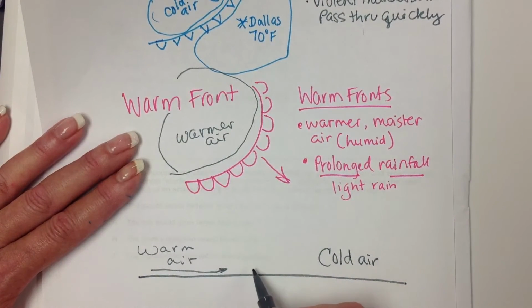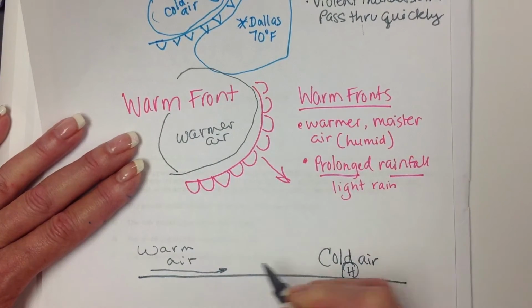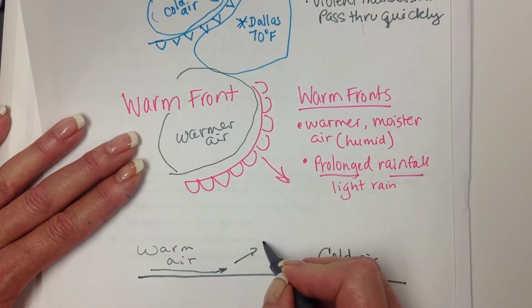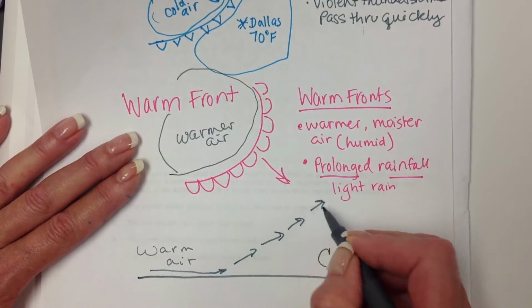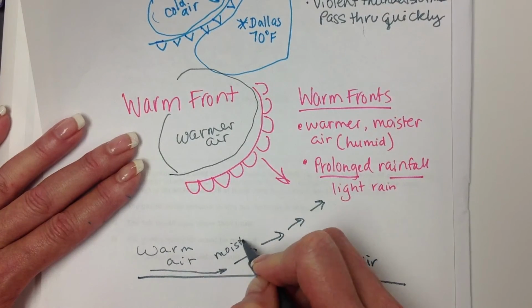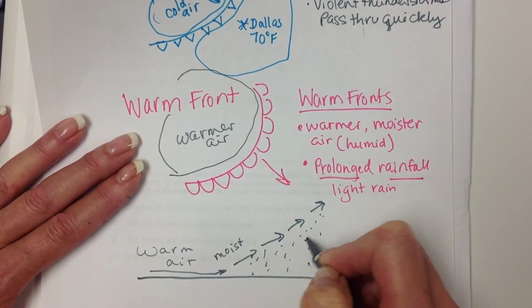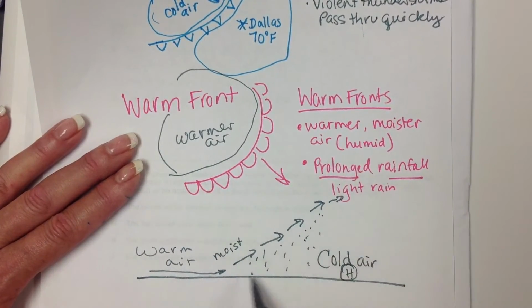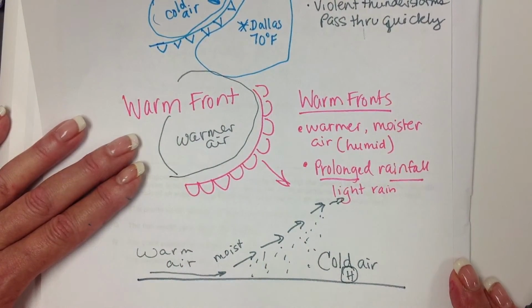But when it hits the cool air, because it's so dense, remember high pressure, dense air, the warm air cannot go beneath that cool air, so it has to rise. And because the warm air is moist, that's where you get rain, rain, all over, as it's rising to try and push that cold air out of its way. So that's where that prolonged rainfall comes from.